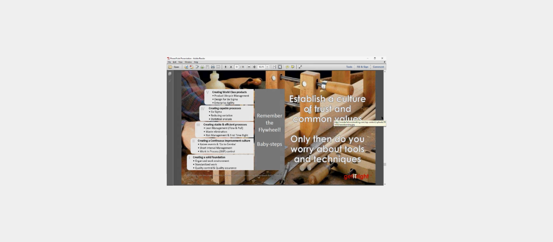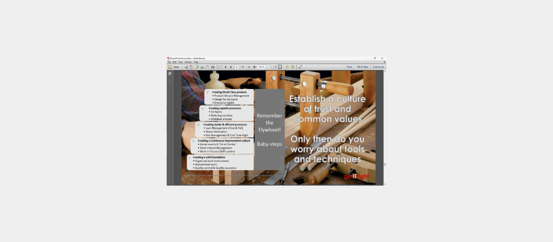So all of this space is not ideally suited at all parts of the journey. The more mature we become, the more different tools we can start using.